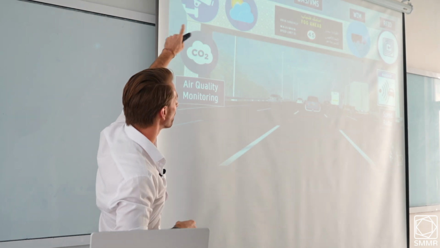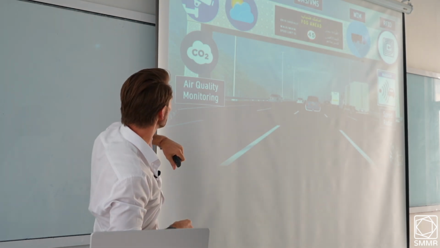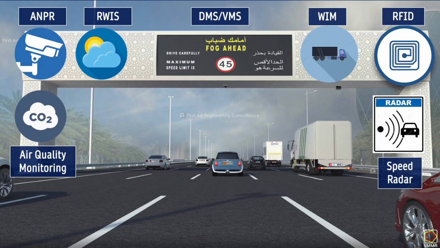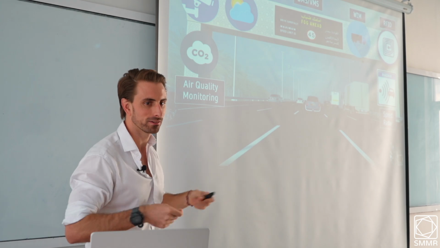We can get number plate information, but we could also monitor the weather with a road weather information system, or speed radars, or air quality. There's lots of different ITS, and in some cities they build gantries and collect lots of useful data to monitor and manage.